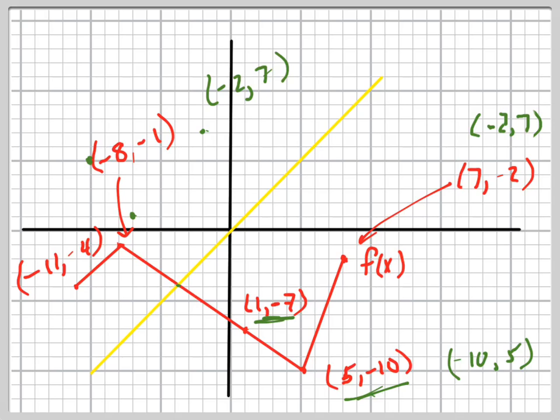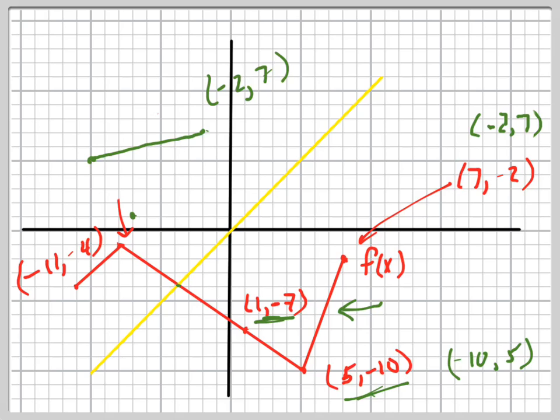So let's slowly draw our graph. So this is going to be what, negative 10, 5 was right there, and let's draw that line. See how that line's a reflection of that line right there? And then that point right there was negative 8 comma negative 1.